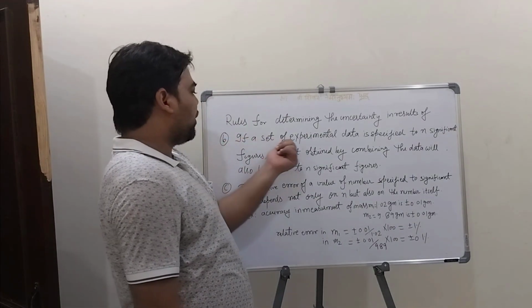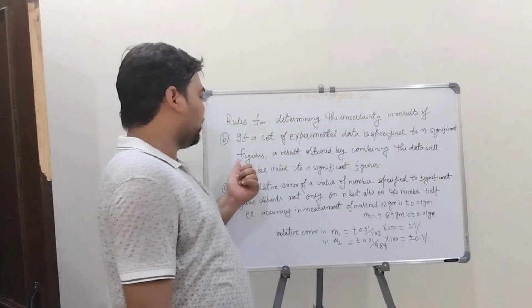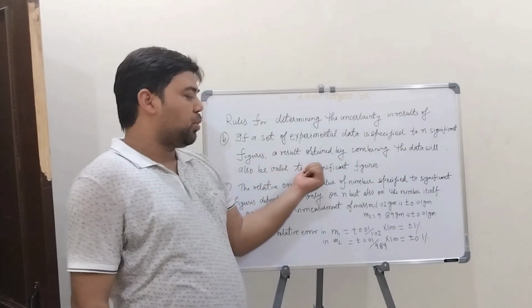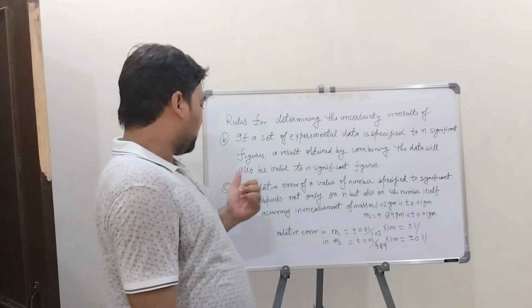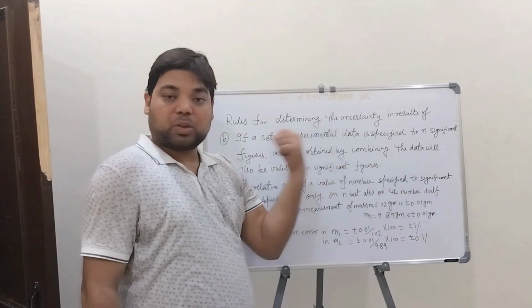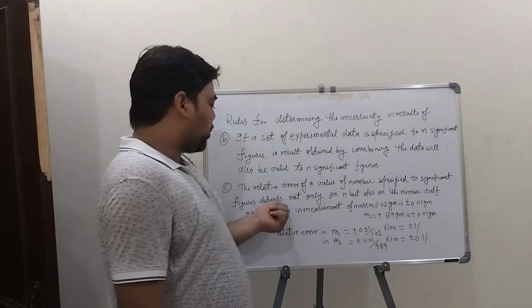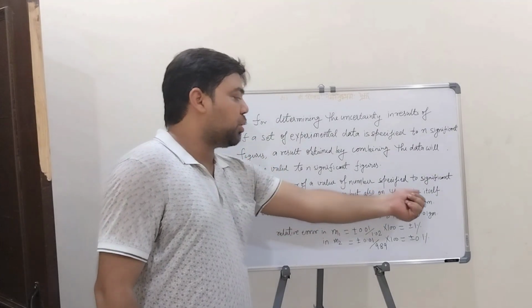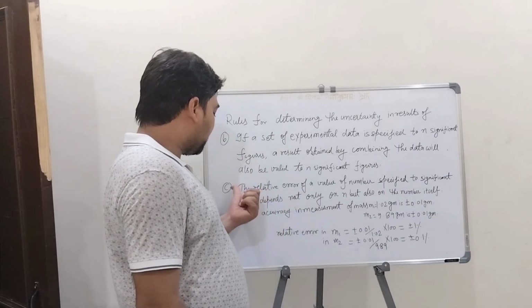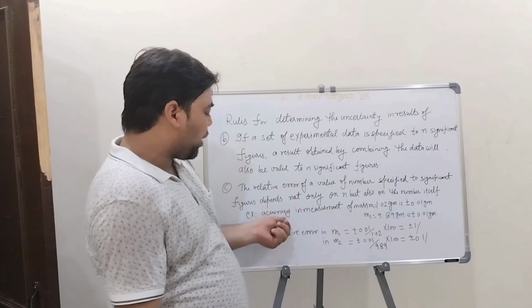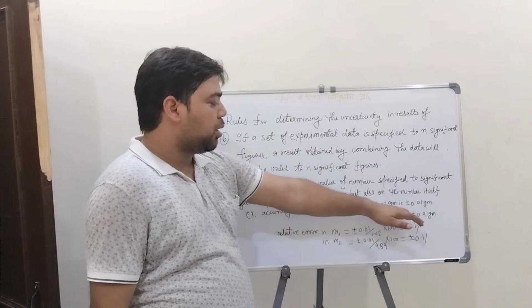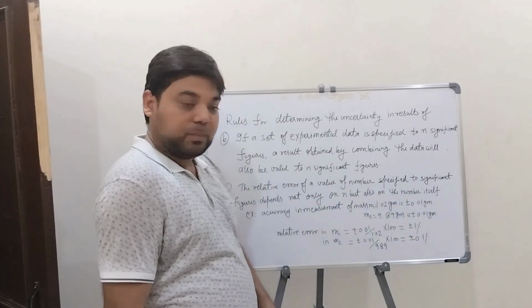So, if a set of experimental data is specified to n significant figures, a result obtained by combining the data will also be valid to n significant figures. Now, the third point is that the relative error of a number specified to n significant figures depends not only on n but also on the number itself. Let us take a simple example. The accuracy in measurement of mass m1, which is 1.02 gram, is plus minus 0.01 gram.